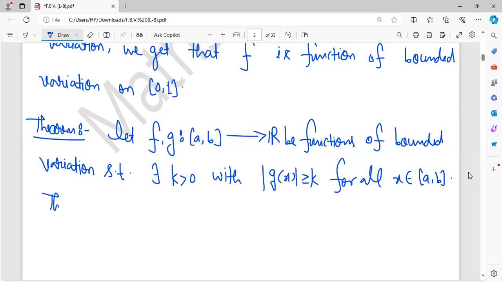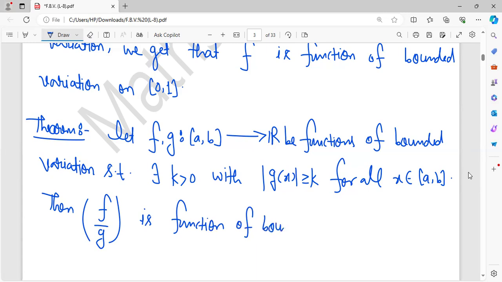Then f upon g is a function of bounded variation on closed interval [a, b].